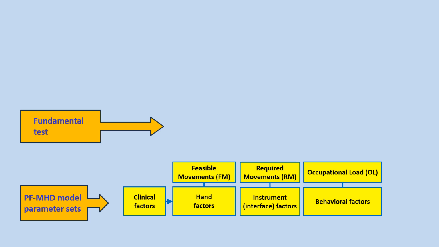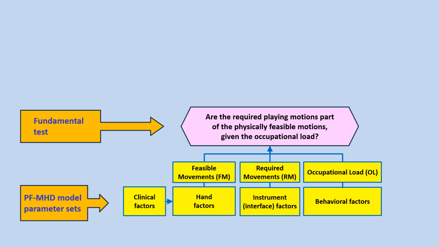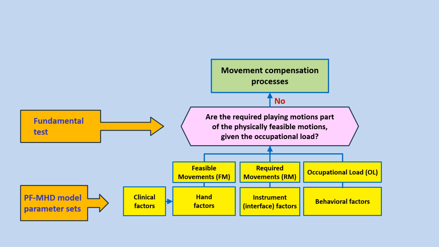At all times, the musician faces a fundamental test. Are the required playing motions part of the physically feasible motions, given the challenges of the occupational playing load? If not, then some form of movement compensations must be developed to resolve the conflict between the playing demands and the physical means.